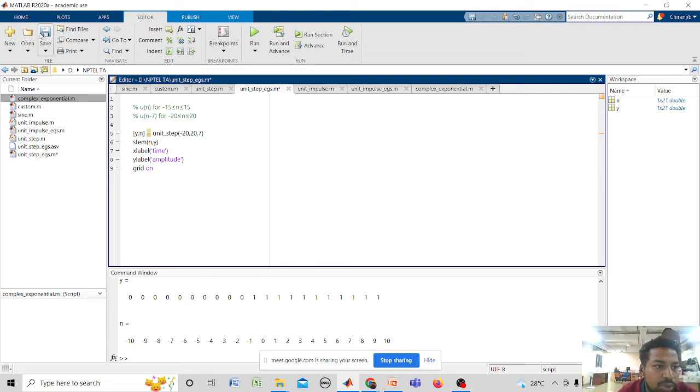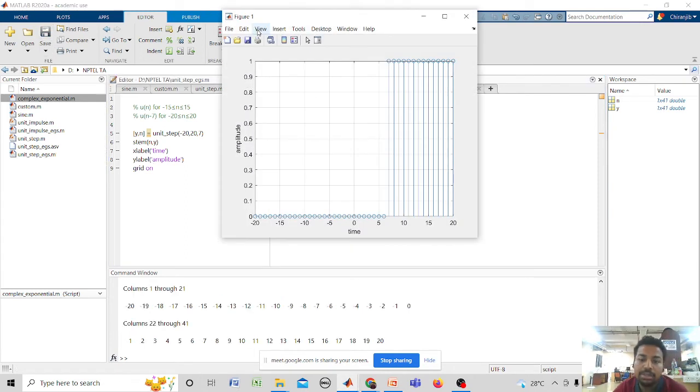Okay, so let's plot this curve. So it's clear the value is 1 from 7 and after, and the value is 0 from minus 20 to 7. Here it is minus 20 till plus 20 because this is the range that we are setting. We can set our range to whatever we want.